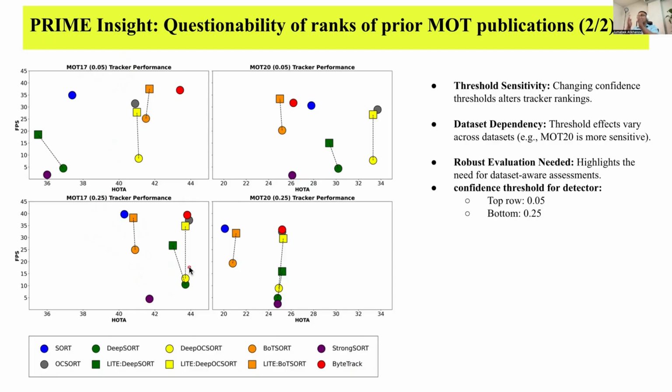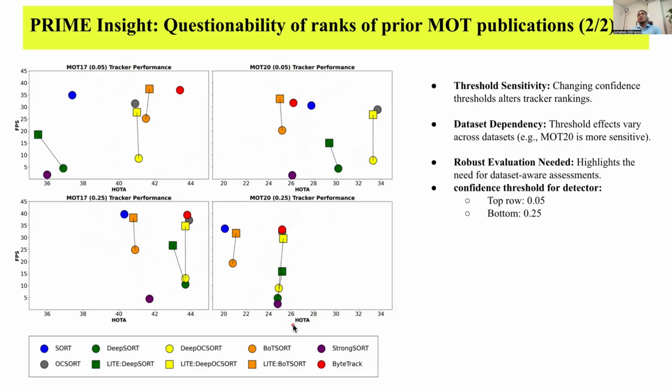Can you see? They are shifting to the right when you increase the confidence threshold. On the other hand, for MOT20, when you increase the confidence threshold, they are actually going down, right? The smaller confidence threshold is actually better. When you increase it, the HOTA scores will actually go left.